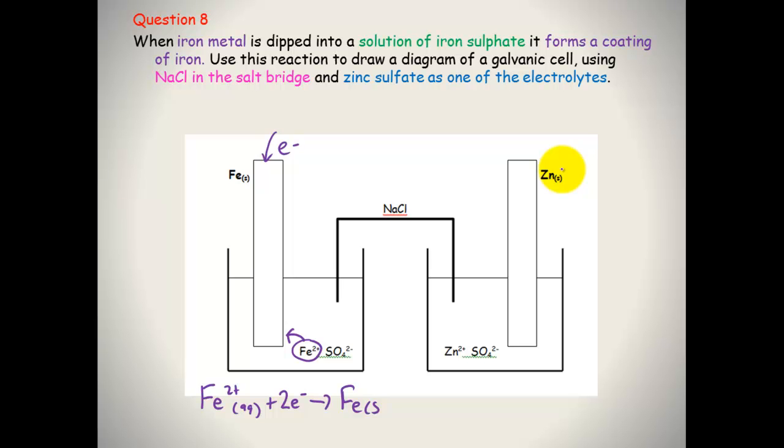So what's happening on this side? It must be the oxidation reaction to produce those electrons. So I've got Zn solid becoming Zn2+ aqueous plus 2 electrons. So we're producing the electrons on this side and they're coming over there.